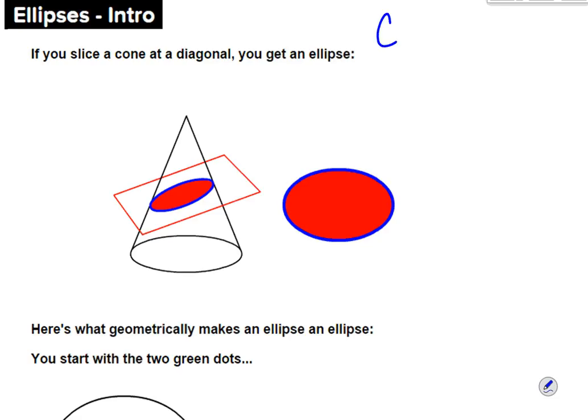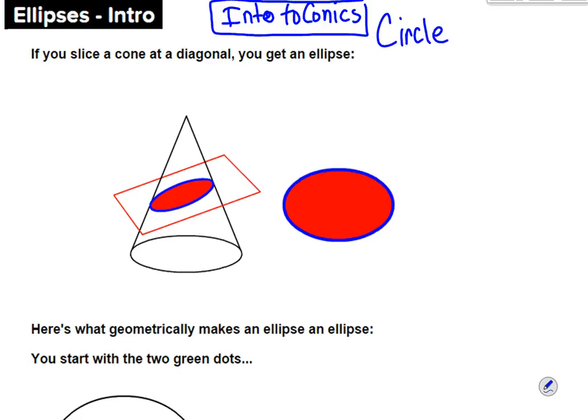I'll back up a second and just call this intro to conics. We'll write a heading right now. The first conic is a circle, and we're familiar with that already. This is just naming the circle.